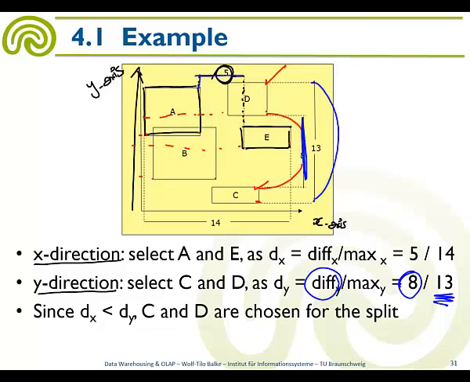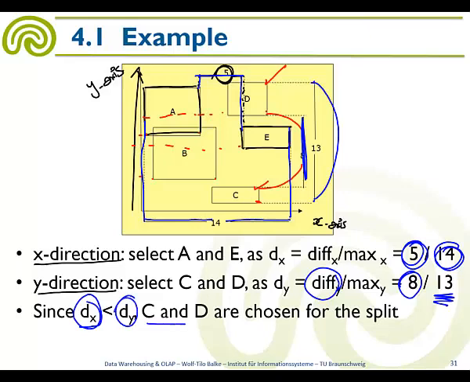You get here between A and E, the difference between them is 5. And if you normalize them, this is the maximum across the x dimension, 14. And then you compare the 2 distances together, and you see that dx will be smaller than dy, so you choose to do the split across the y dimension, and C and D are chosen then for the split.